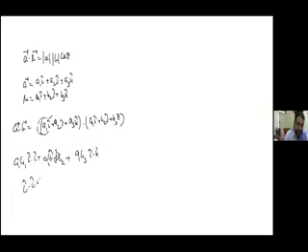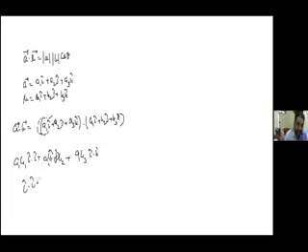Okay. So if a vector is defined in ijk, let us say a equal to a1i plus a2j plus a3k, and b equal to b1i plus b2j plus b3k.